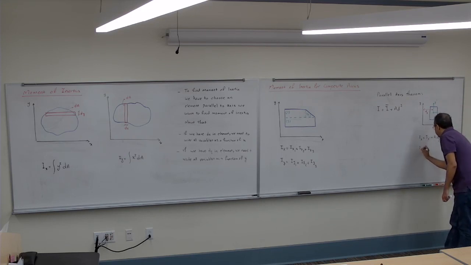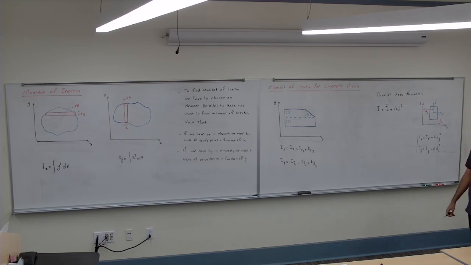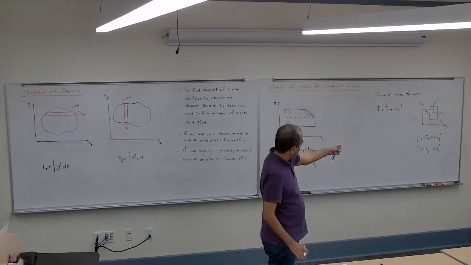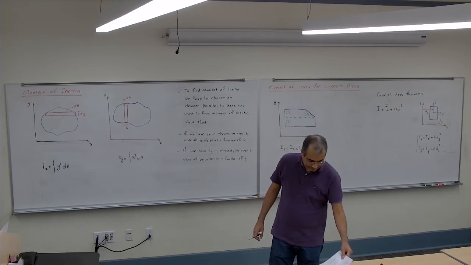And if I want to find the I about y, it is I about the y prime axis plus the area times the distance between the two axes, to the power of 2. This is a very important rule. We are going to use that over and over again.